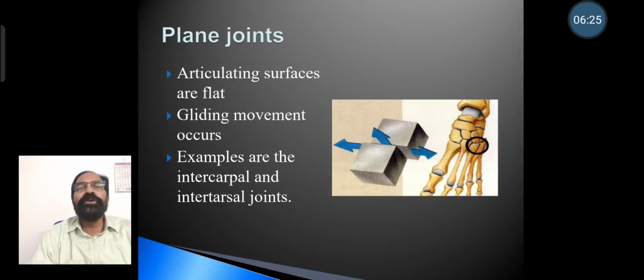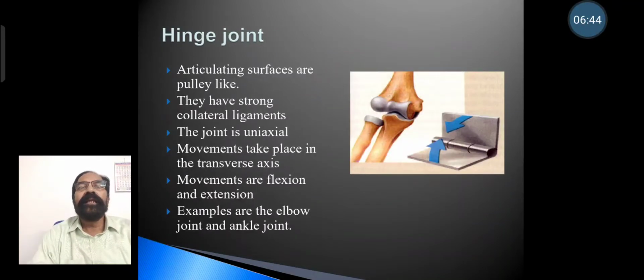Coming to plane joints, articulating surfaces are flat. Gliding movement occurs in these joints, and examples are intercarpal and intertarsal joints. Then we go to hinge joint.